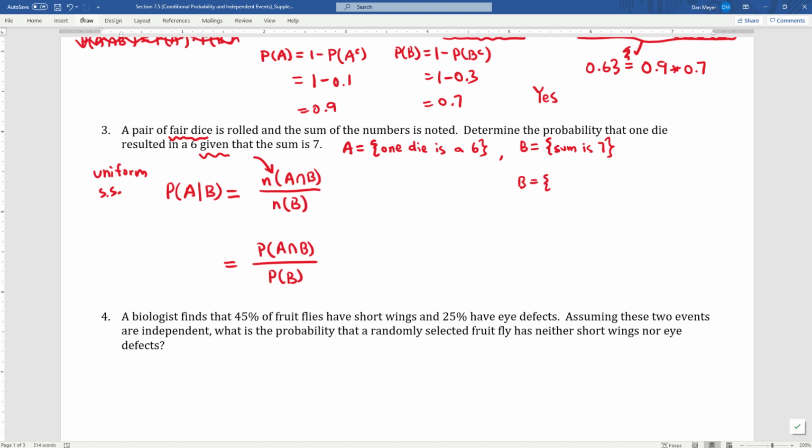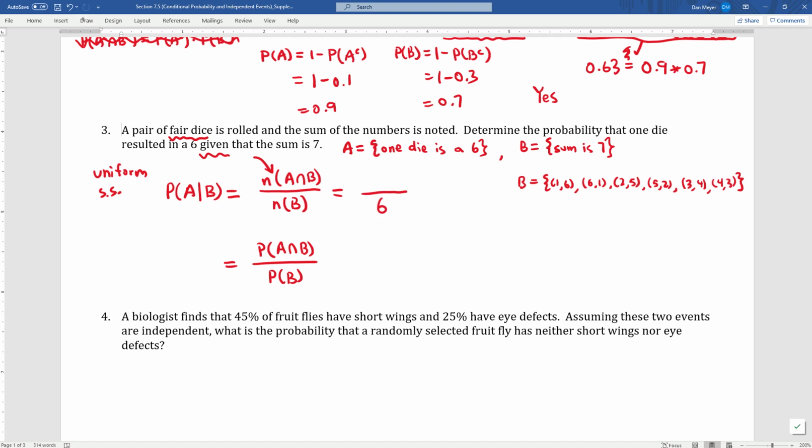The sum is 7. We've got 1 and 6, and 6 and 1. There's 2 and 5, and 5 and 2. And then 3 and 4, and 4 and 3. So the number of things in event B is 6.